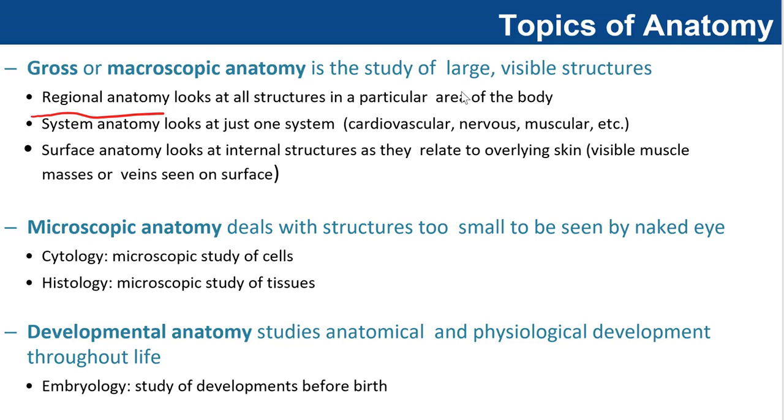Systemic anatomy looks at just one system at a time. In systemic anatomy, the body is divided into 11 organ systems, such as the respiratory system, cardiovascular system, nervous system, muscular system, and then we study the organs system by system.